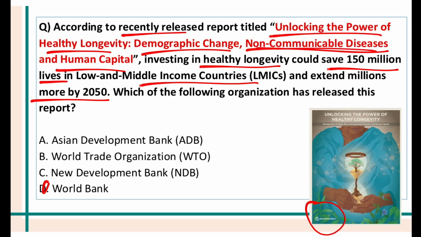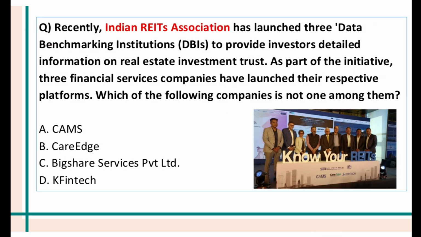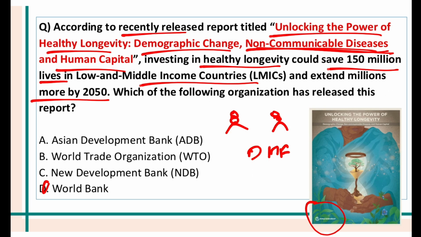What are non-communicable diseases? Diseases which do not spread from one person to another, like diabetes, heart failure, heart attack, arthritis. All of these are non-communicable disease. So what does this report say? This report says that 1/3 of the world population will be more than 60 years old by 2050.